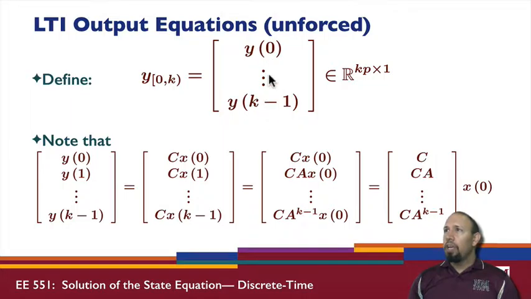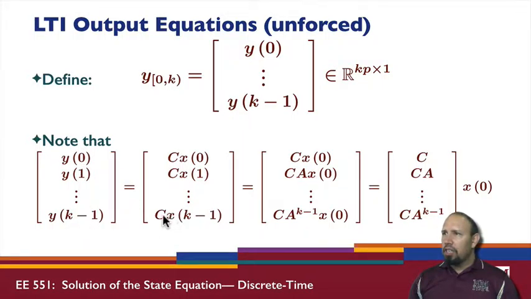Well, in general, we can also stack the output equation. If I take samples of the output from 0 to k minus 1, that's k values, and I can show that y at 0 is equal to C times x naught. Now we're looking first at the unforced situation. Y at time 1 is C times x1, but x1 is equal to A times x naught.